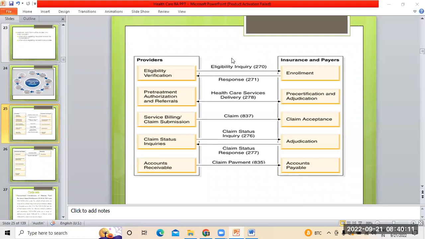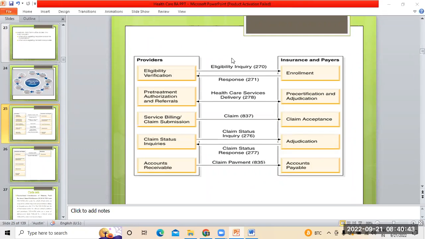Of course, this screenshot will be sent to you in a Word document, so you don't need to write it down, but if you want, you can. Healthcare services delivery between the two parties, either from providers to insurance company or from insurance company to providers, uses 278.